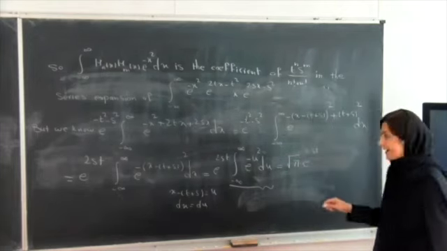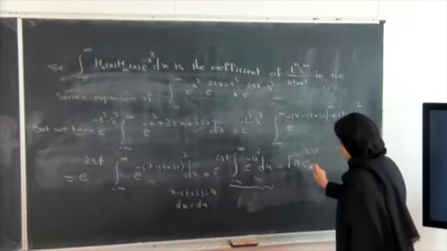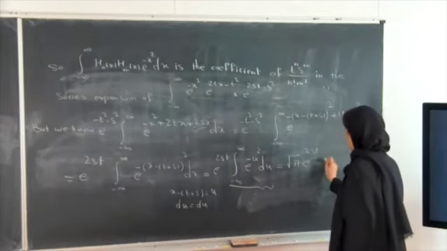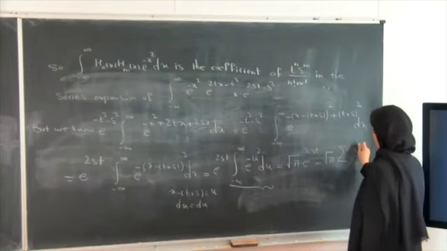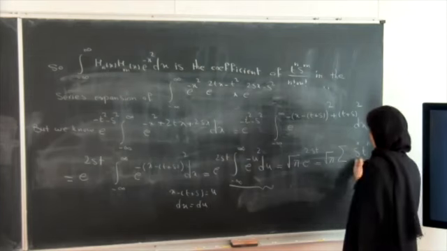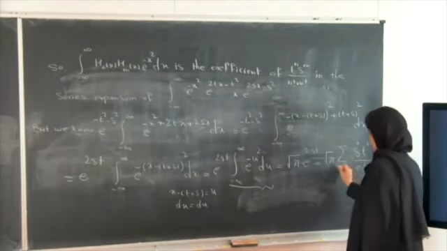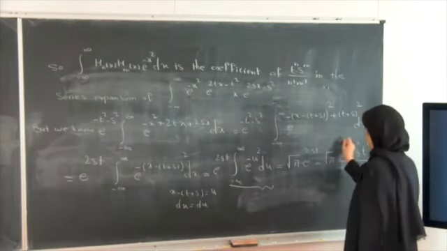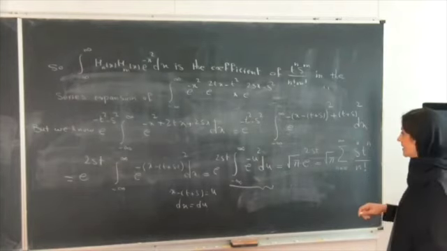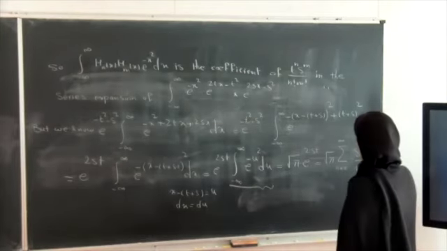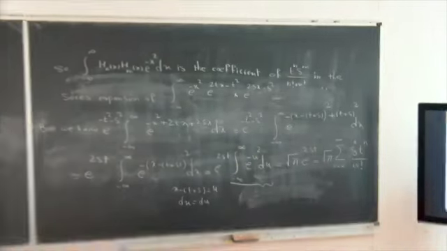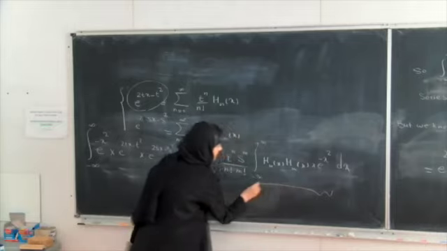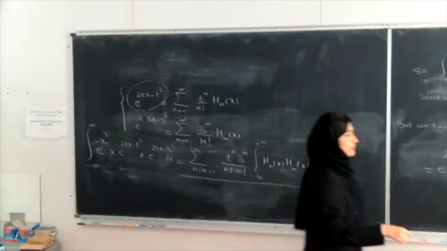By using the Taylor series of these exponential functions, we can write it as the sum of s^n t^n divided by n factorial. So we find that this series expansion equals this series expansion.